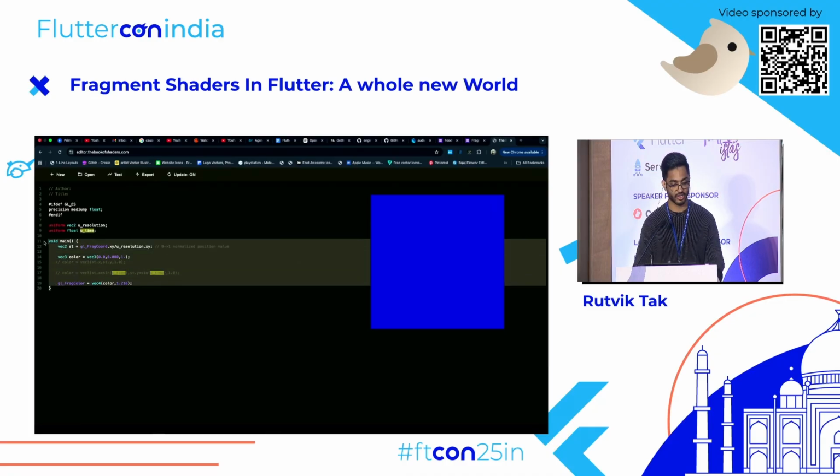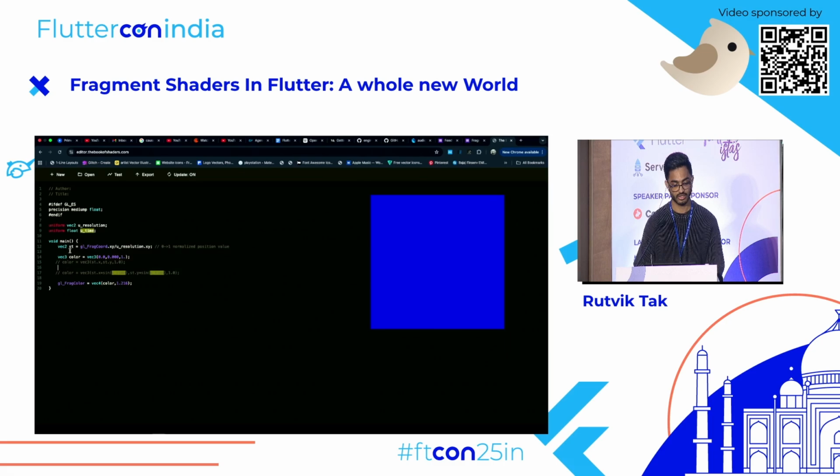Now, you will recognize the main function. Like Dart has a main function, a high-level entry point for the program, similarly we have a main function here. The first line defines a variable called st. What st is, is the normalized position of that pixel on the screen. How did we get that normalized position?